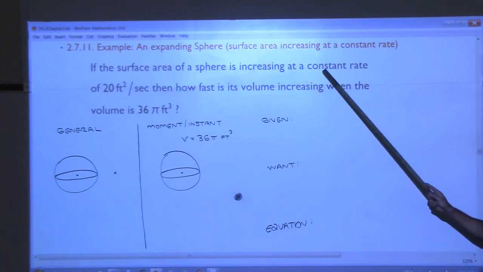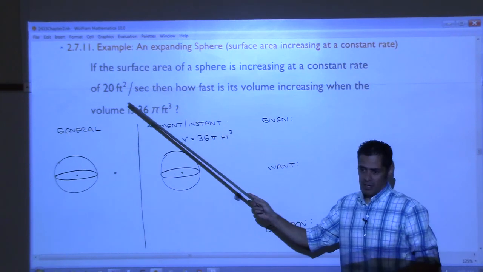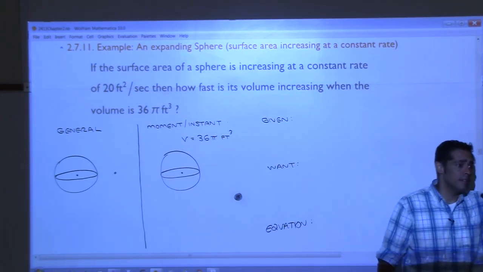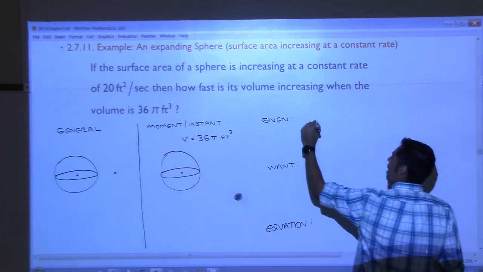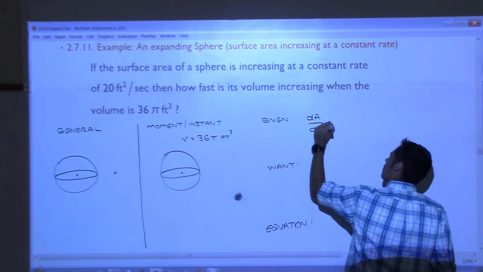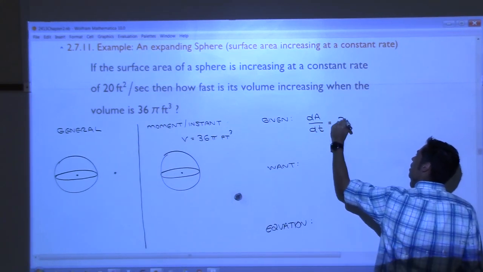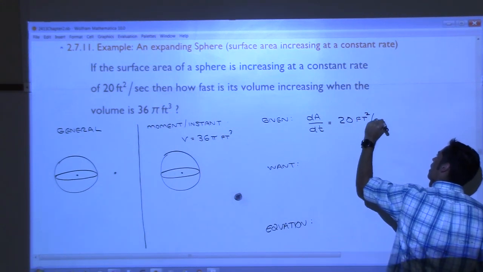So we are given information about the derivative of the surface area. Agreed? Now I'm going to call the surface area of this sphere A. Capital A for area. Everyone understand I mean surface area? Yes? Okay, so I'm given dA/dt. The change in area with respect to time for this sphere is 20 square feet a second.